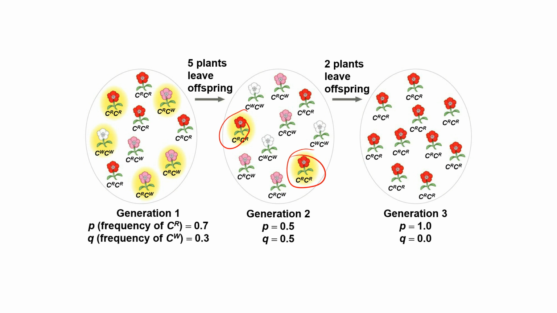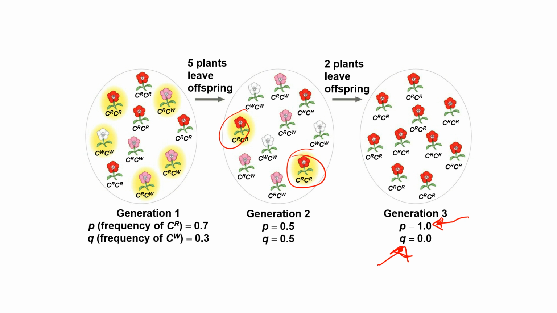Now, all of those offspring have red flowers. So here, after 3 generations, the allele frequency has become what we call fixed. The frequency is at 1. So you're set at the red allele being 100%, or 1. And so you've eliminated the white allele from the population.